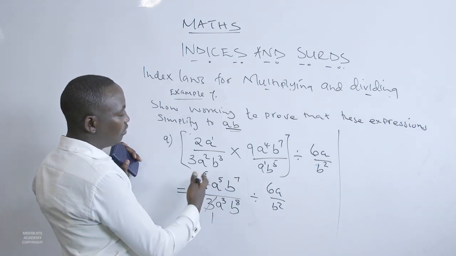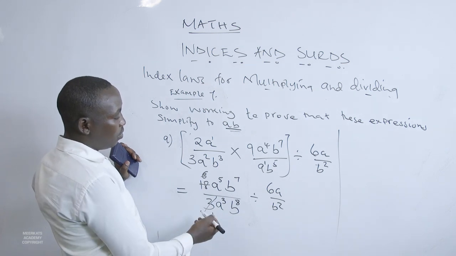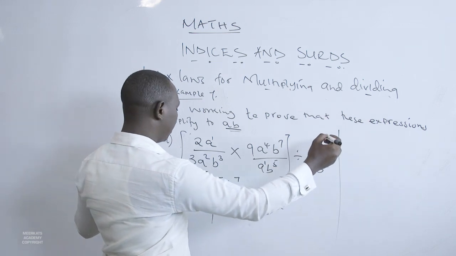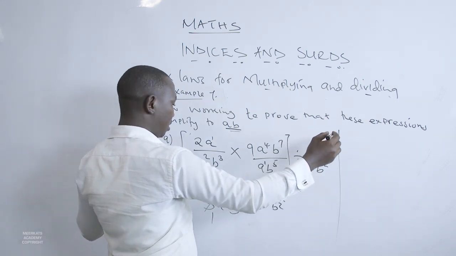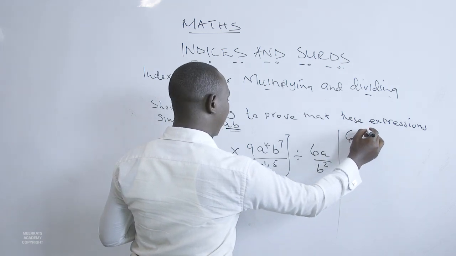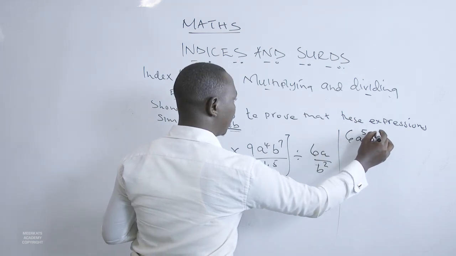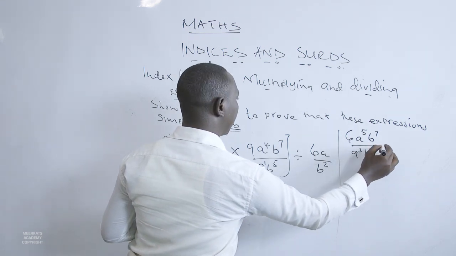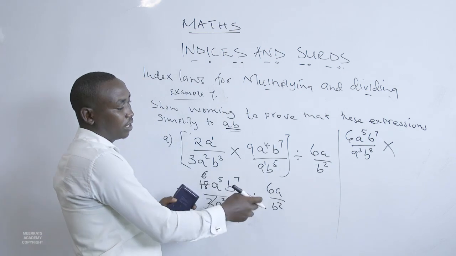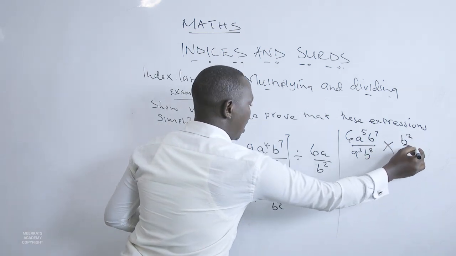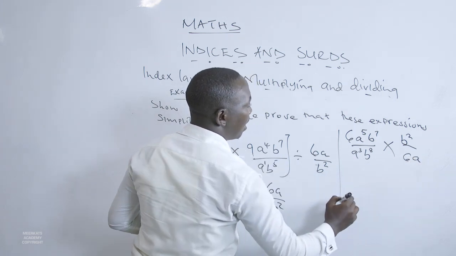Then if we decide to solve this other part, we are going to have 6 a raised to 5 b raised to 7 over a cubed b raised to 8. We change the sign and we find the reciprocal. That will be b squared all over 6a.